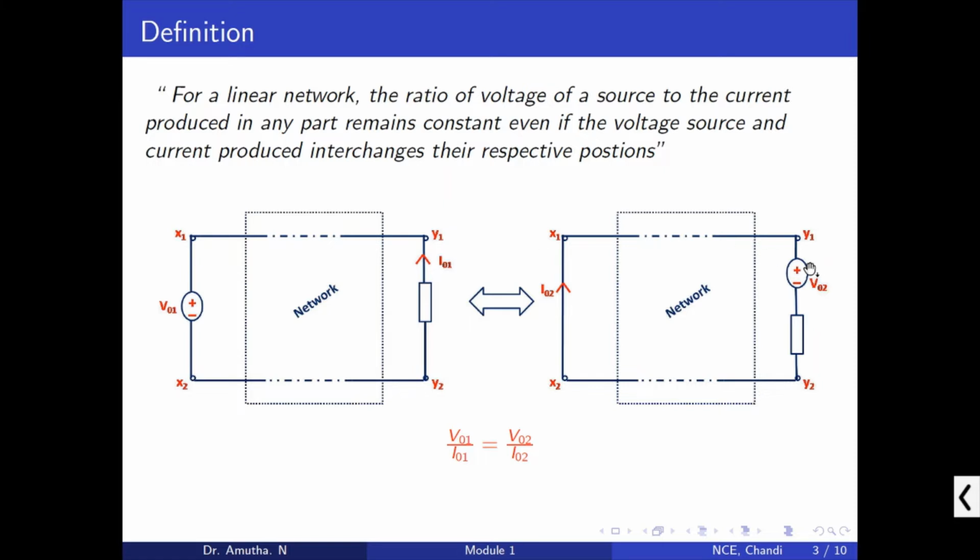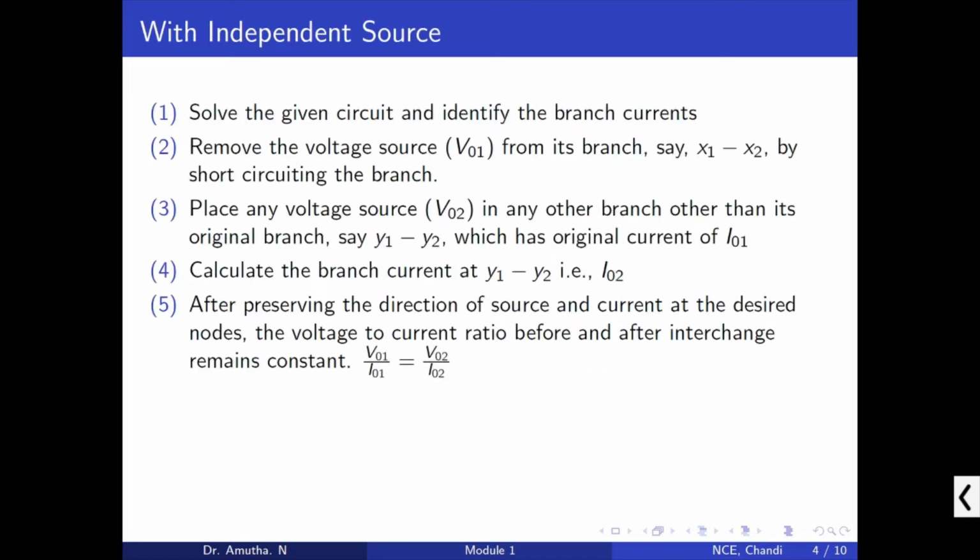So V02 is applied with its polarity towards Y1 and I02 is towards X1. Even if you interchange this, automatically the current through this will also be interchanged. If we consider this as negative and this as positive, then the current direction will be in the opposite way. This we can observe from this.